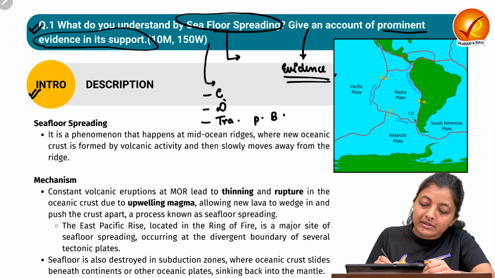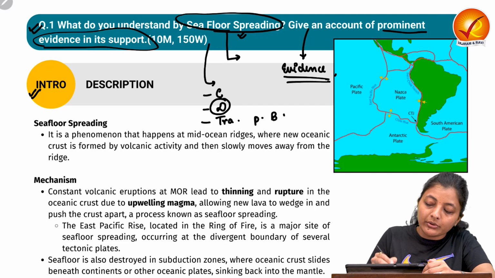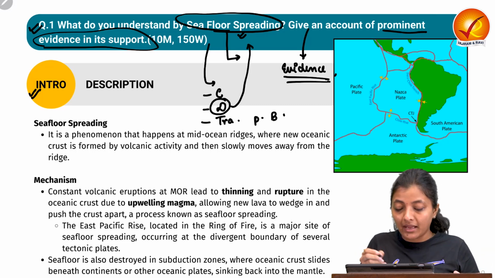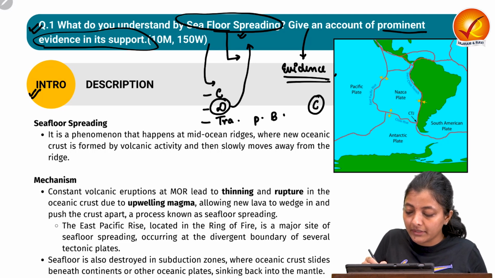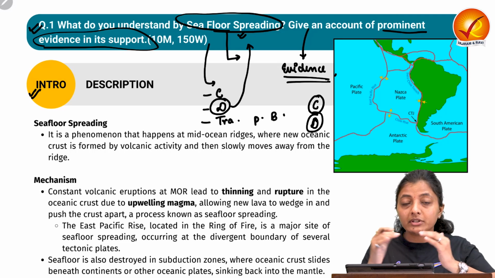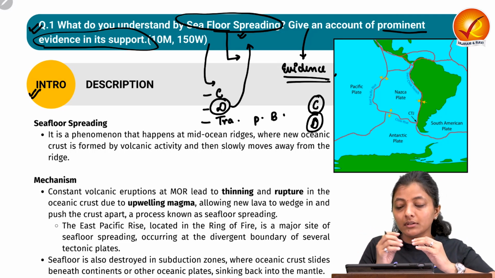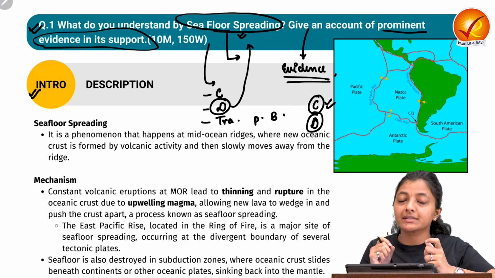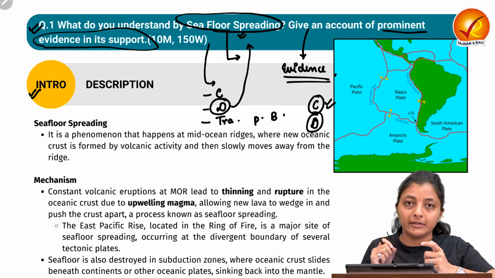The seafloor spreading theory is related to the divergent boundary. Divergent boundaries can be created along the continental crust as well as the oceanic crust. When they are created along the continental crust, they create rift valleys. The apt example is the African Rift Valley.